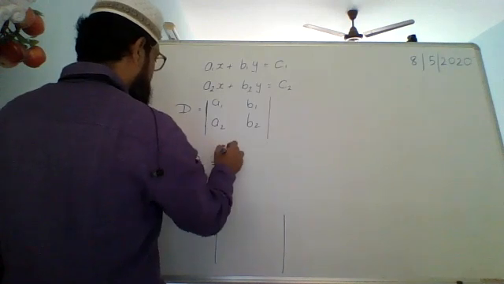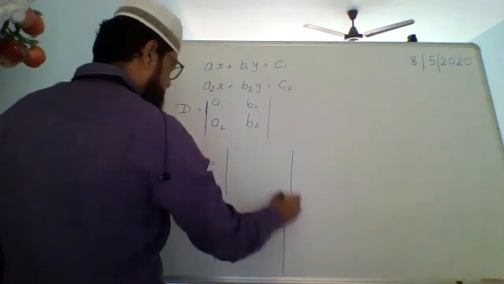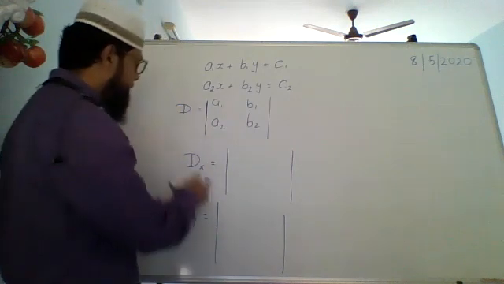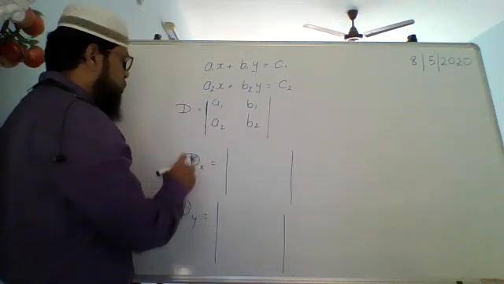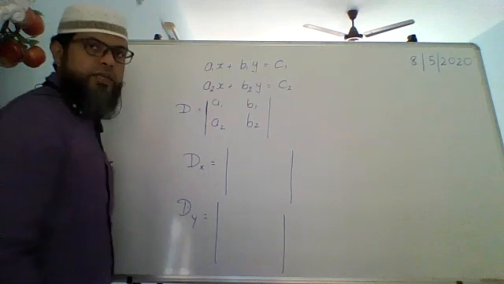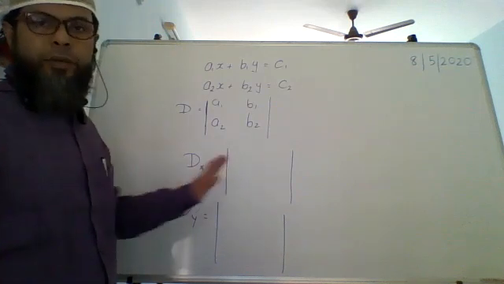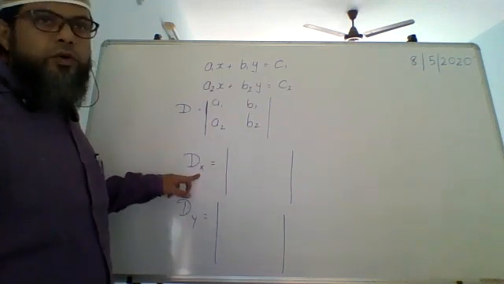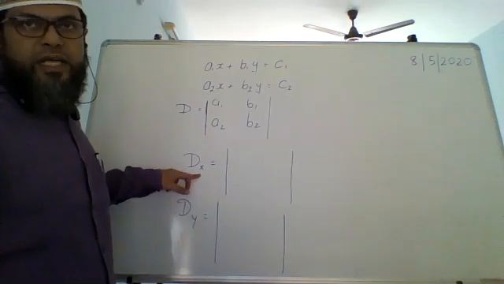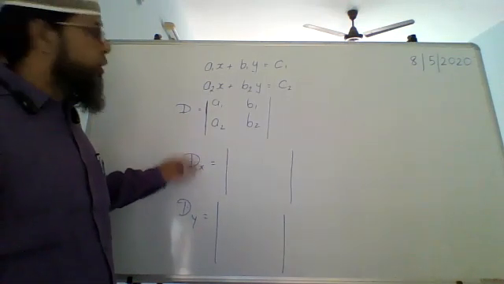Next comes dx. Now what is dx? When we say x, whatever are the coefficients associated with x, drop them. For dx, the coefficients with x are a1, a2, drop them.